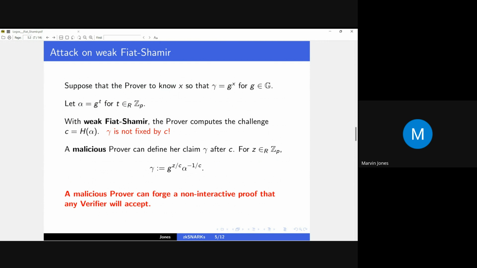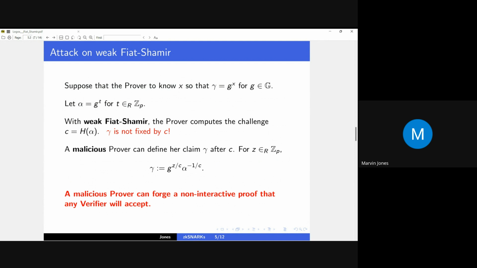Now, not having G in here is not as big of a deal, in quotes, at the moment, if we assume that we're just using a G that the verifier and the prover know, like that's just committed to on a blockchain.